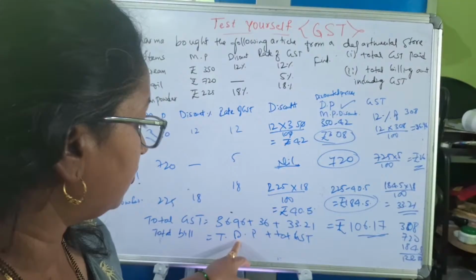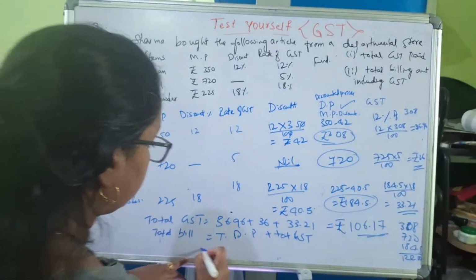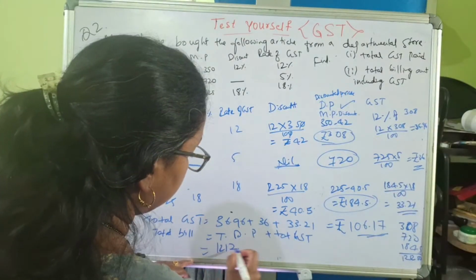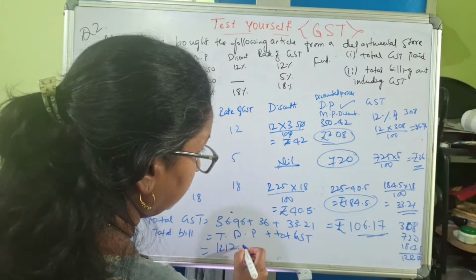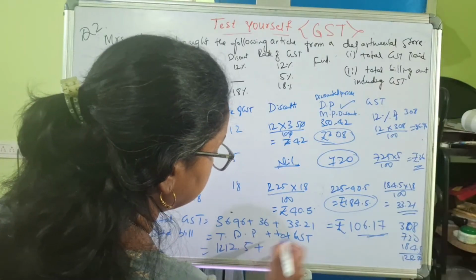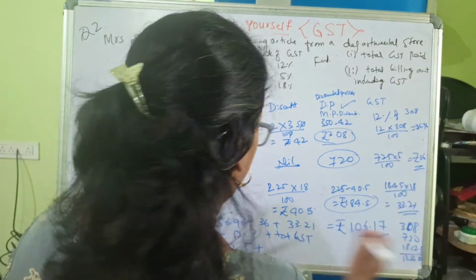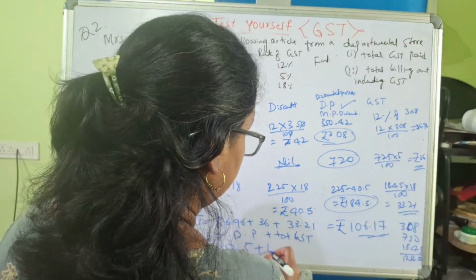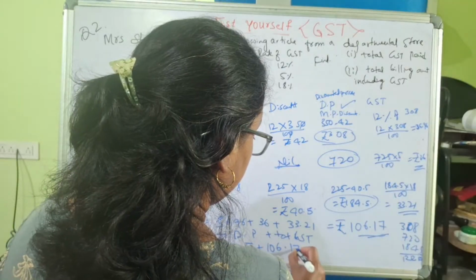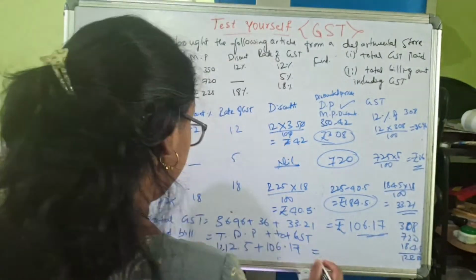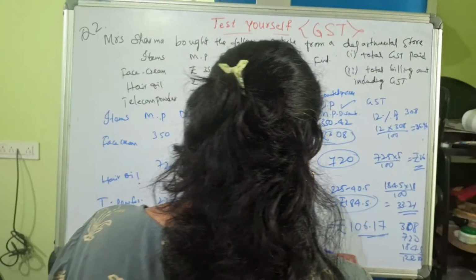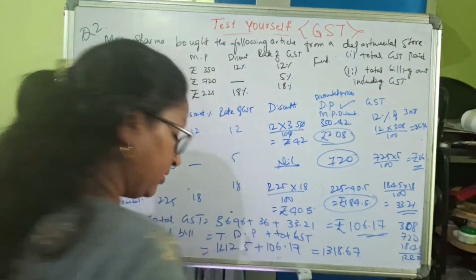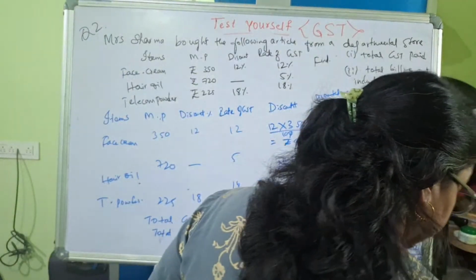That means the total discounted price is rupees 1212.5 plus total GST is rupees 106.17. So the total bill is equal to 1318.67. So I'll explain this once again.